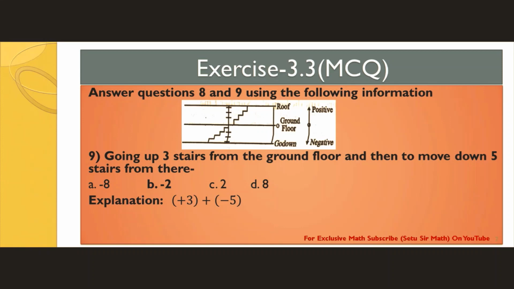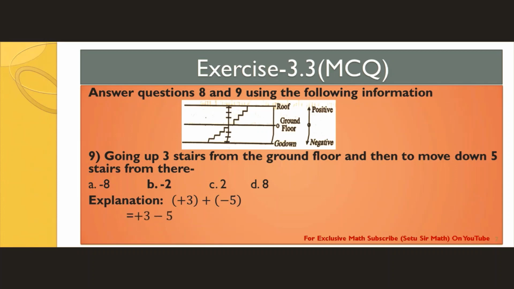Going up 3 stairs, that means +3. We know if we go up from the ground floor it would be plus, and then to move down 5 stairs from there, if we move down then we have to mark the number negative.